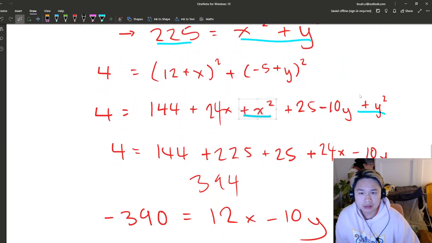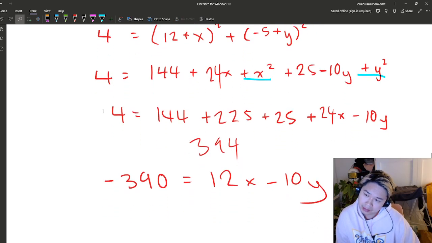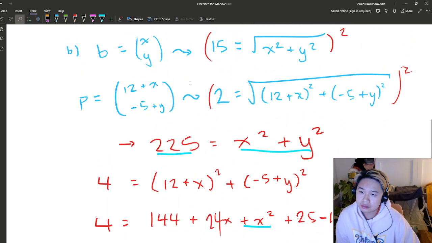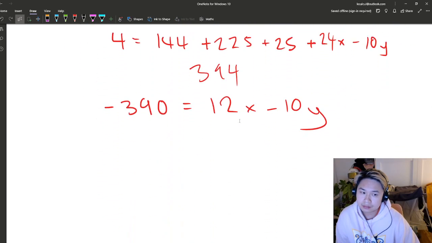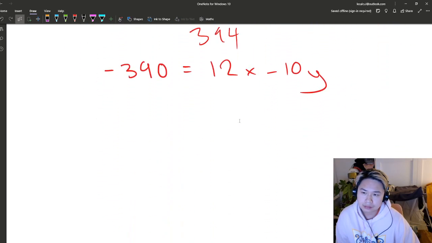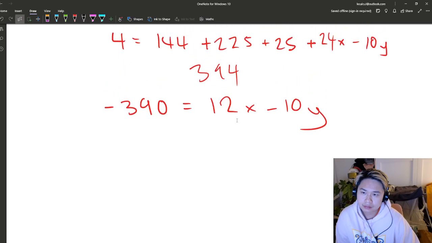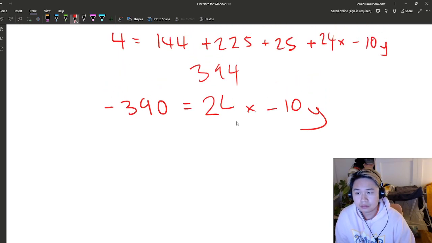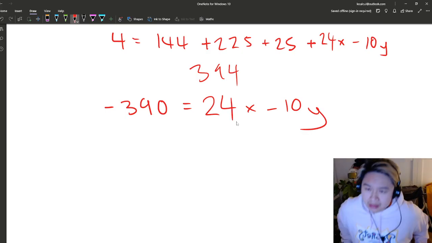So this is 225. 225 plus 25 is 250. 250 plus 144 is 394. Sure. Subtract it from 4. 4 is 2 squared. Sure. Let's just say that this is right.